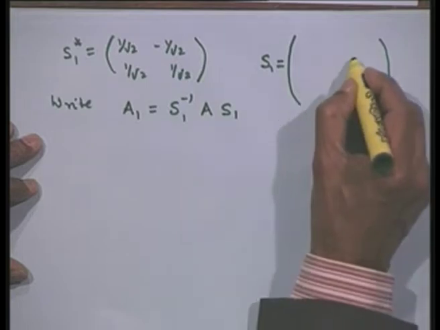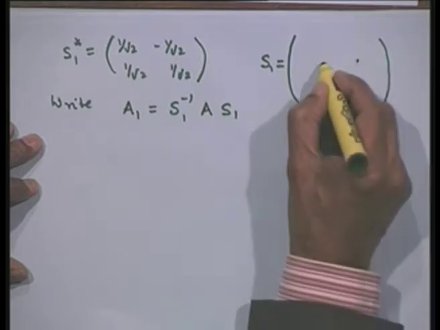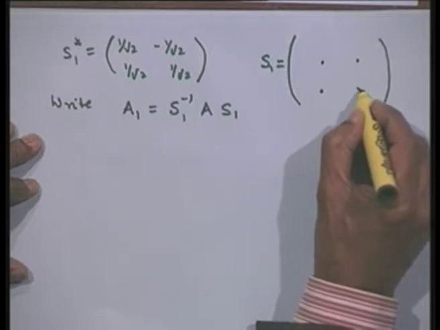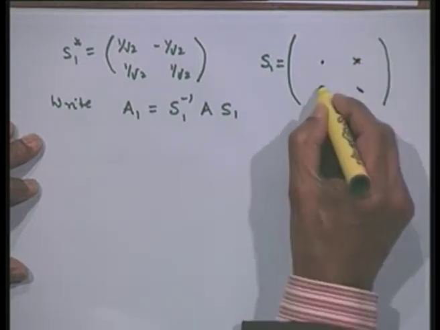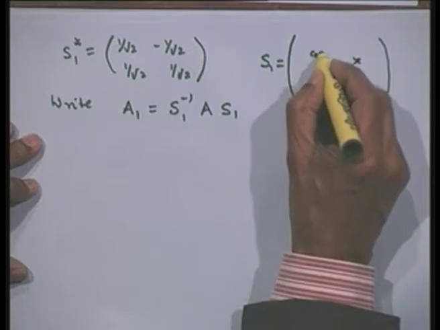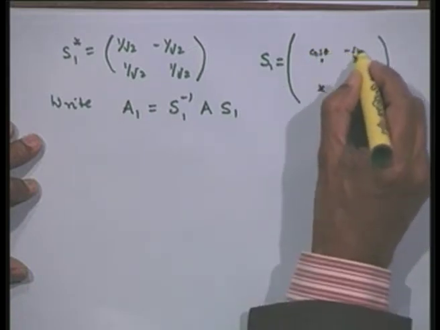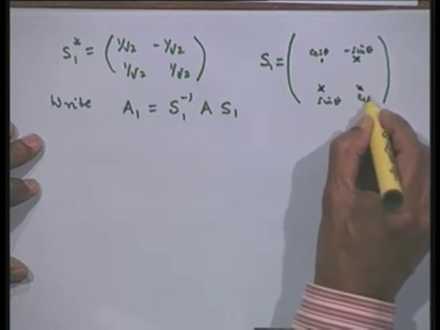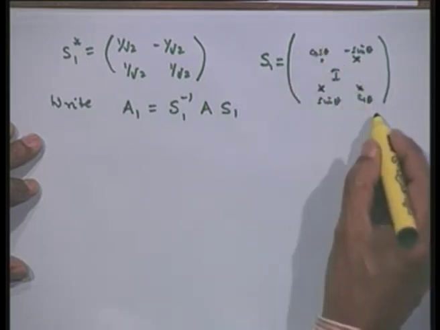So, the location of ii is here, the diagonal element is here, ki is here, and your kk element is here. So, we will locate cos theta here, minus sin theta here, sin theta here, cos theta here, and I in the remaining part.